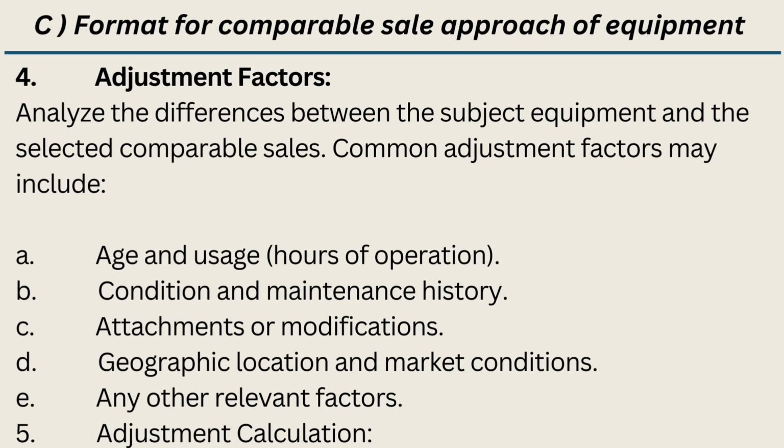Common adjustment factors may include A. Age and usage, hours of operation. B. Condition and maintenance history. C. Attachments or modifications. D. Geographic location and market conditions. E. Any other relevant factors.